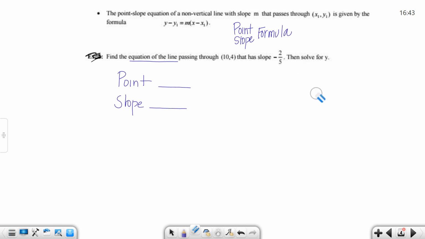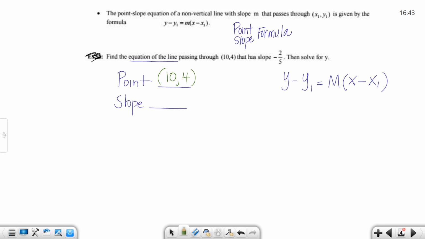Now let's write it correctly. I can't use the point-slope formula if I don't have a point and a slope. So every time I do one of these, my first order of business will be fill in the blank for point and slope. So this one has a point, it's 10, 4.